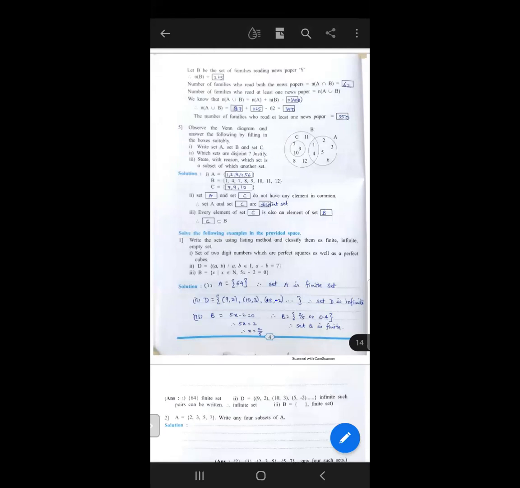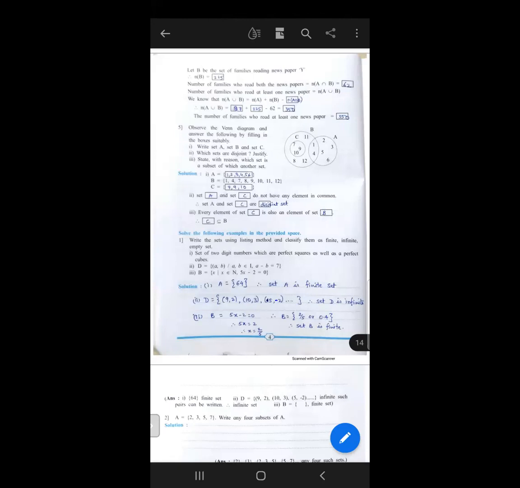Write the sets using the listing method and classify them as finite, infinite, and empty sets. Okay, so here they have given you 3 examples. You need to first convert each example because it is in the rule method, so first convert it into the listing method. That is the basic rule of sets.